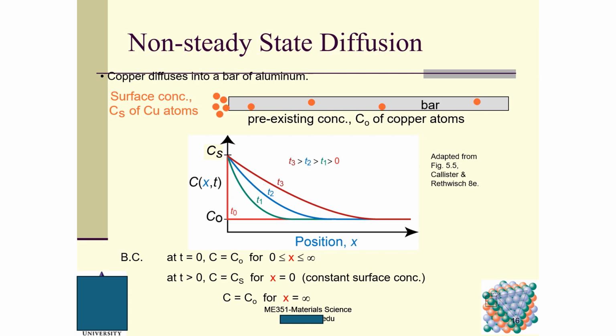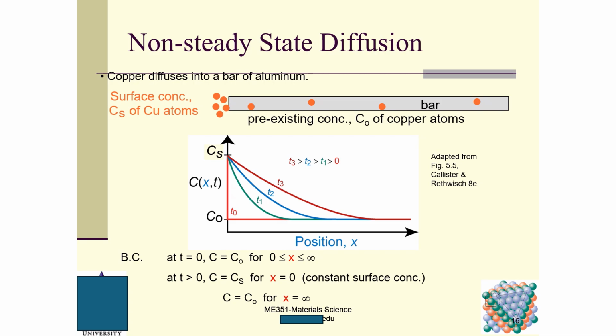So the boundary conditions: at the very beginning, we have concentration C0 for x from 0 to infinity. For t greater than 0, C equals Cs, the surface concentration, at x equals 0, a constant surface concentration, and C equals C0 when x reaches infinity. So these are the boundary conditions.